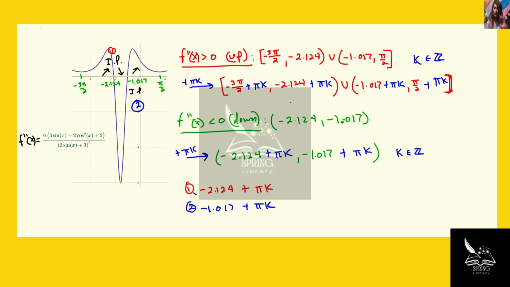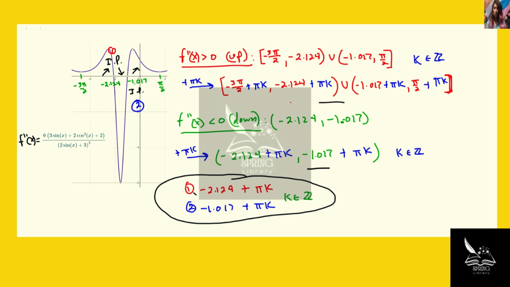And again, k is just some element of the integers. So this describes all of our points of inflection, and we have our two intervals here for where it's going to be concave up and concave down. So we found all points of inflection, where the function is always concave up, concave down, all extreme values, and all intervals where the function is increasing and decreasing. So we've done everything we needed to do.